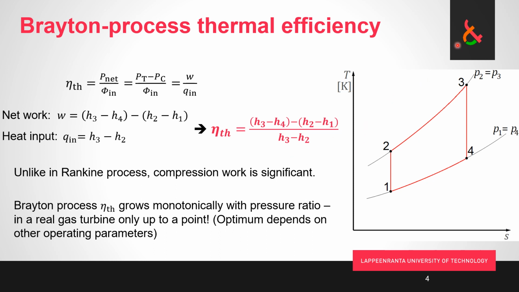High pressure isobars are higher up here. And then if we maintain the pressure at turbine exhaust and compressor inlet, then the relative height, so the fatter the process is in the TS chart vertically, the better our efficiency.